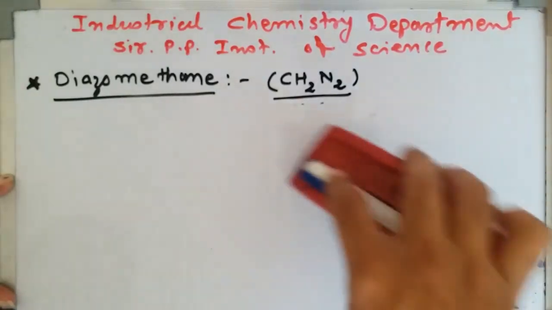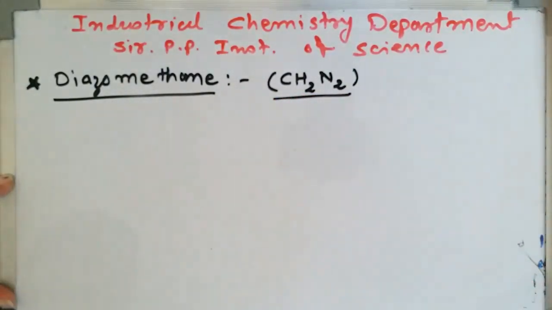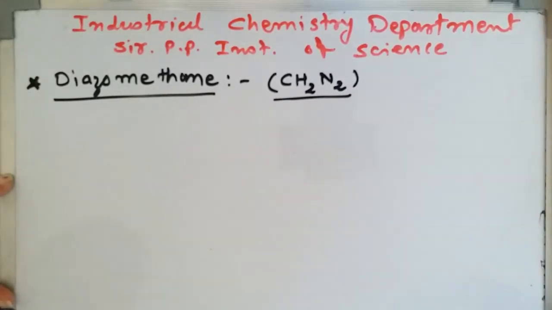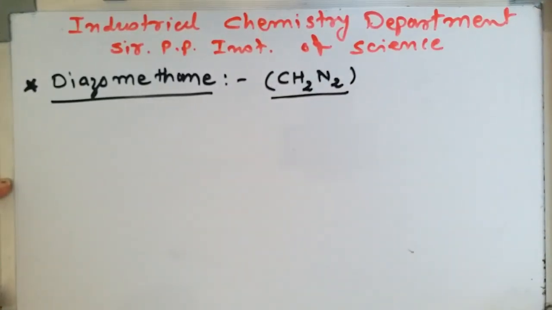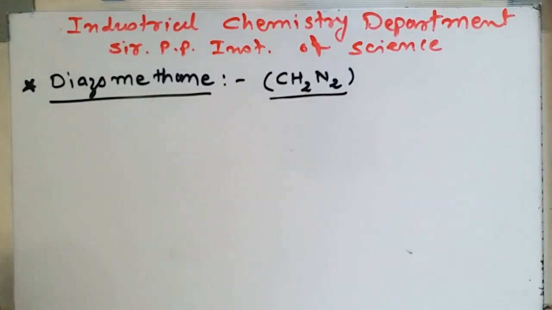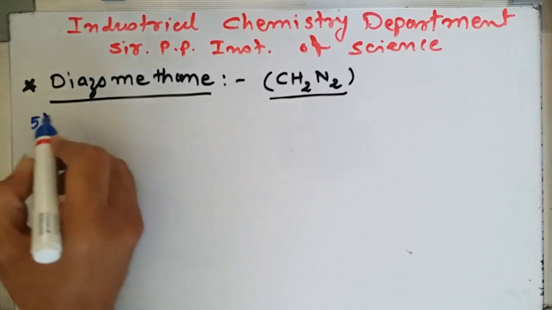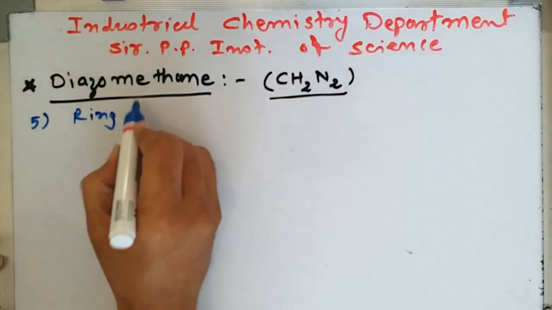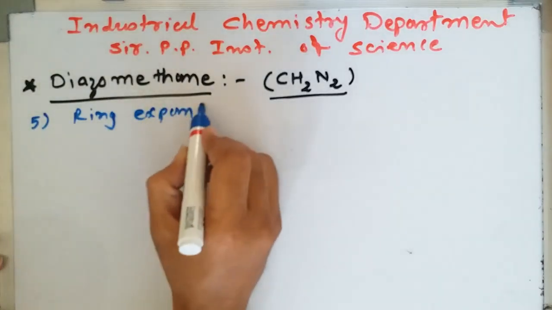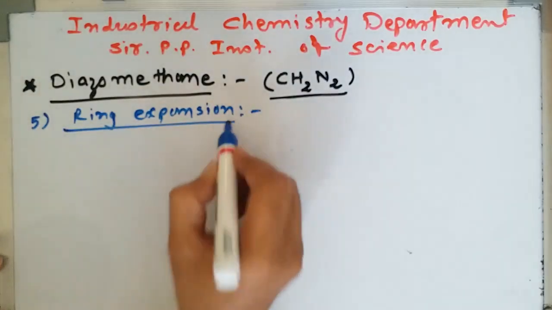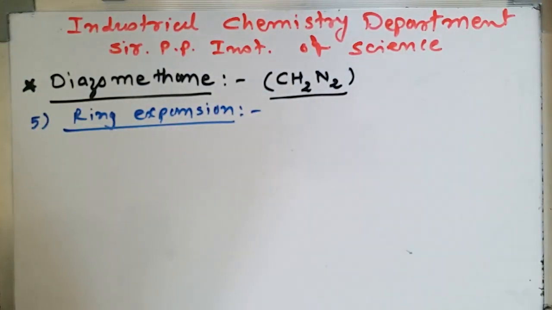Now we see one or two more examples for diazomethane. Diazomethane is used for ring expansion. Certain cyclic ketones, when treated with diazomethane, undergo ring expansion to form higher ketones.